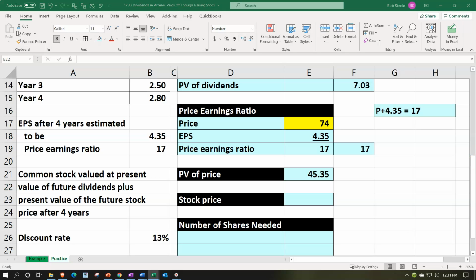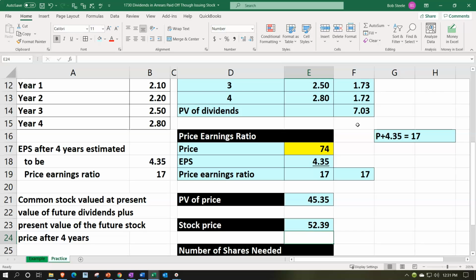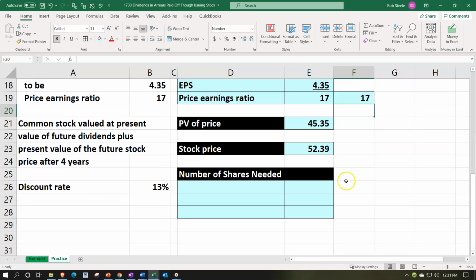So that gives us the stock price of this 45.35 after 4 years and the dividends for that 4-year time period. So we're going to say the 45.35 plus the 7.03 gives us the value of the 52.39. So that's what we think the value of the stock is going to be.